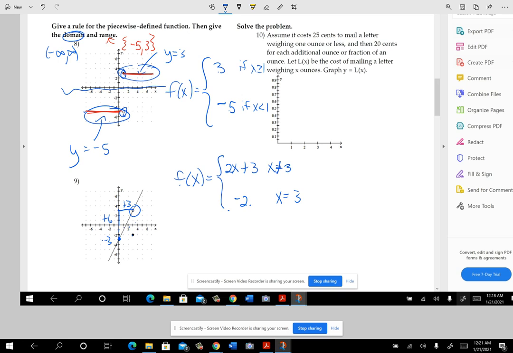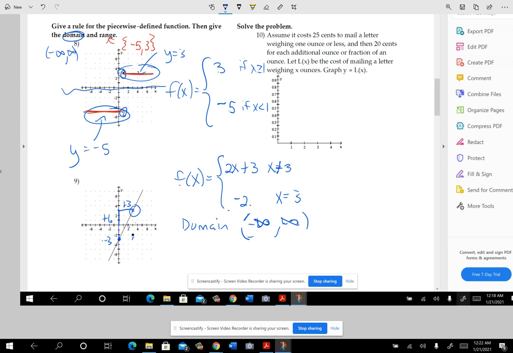All right, so when you look at this one, the domain is actually going to be all reals because that fills in for that missing spot. There's no gap horizontally because this fills in that spot if you smashed everything to the x-axis.